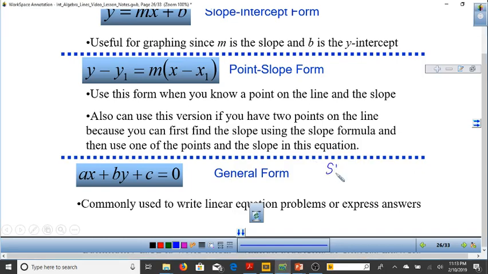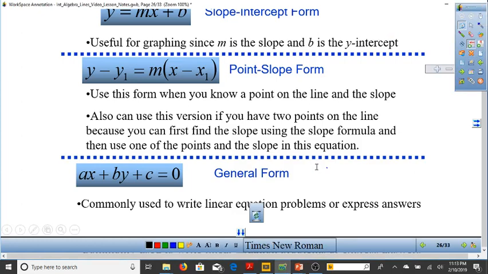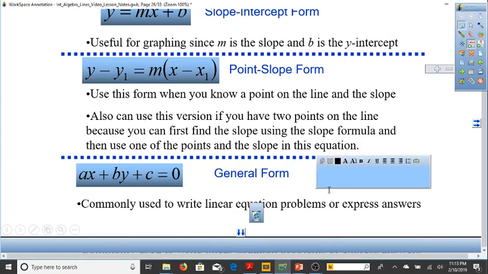So with standard form, let me just type that up, I will show you what that looks like. That looks like ax plus by equals a constant c.